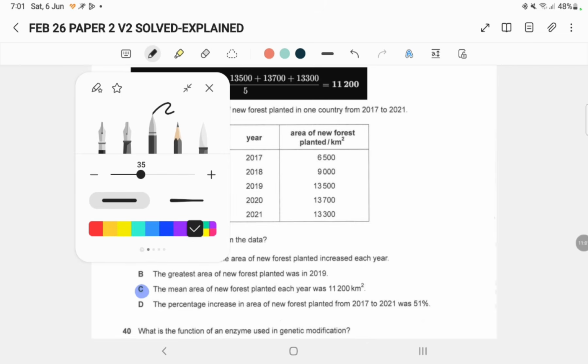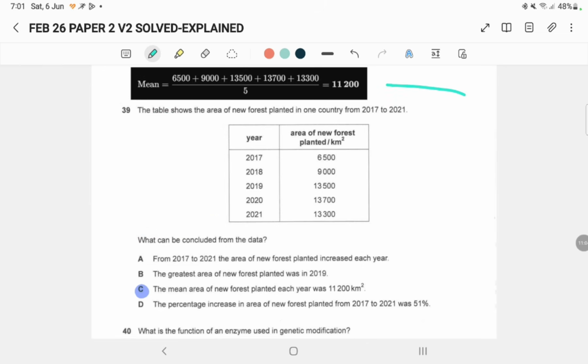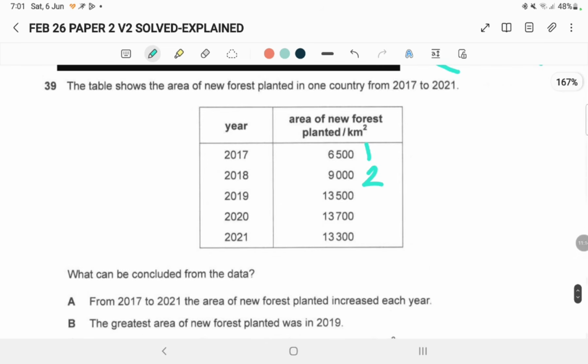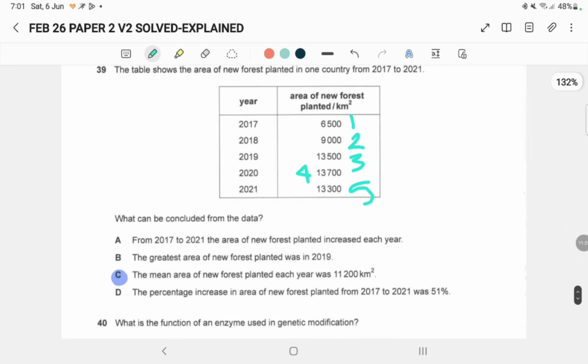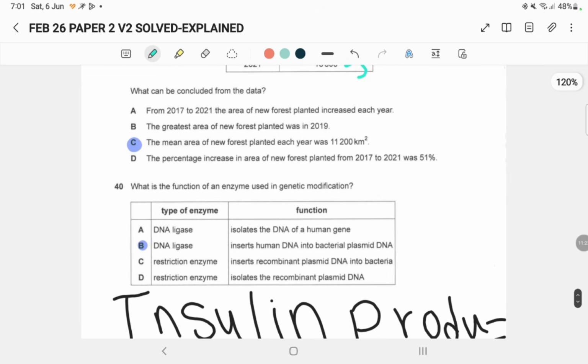So 6,500 plus 9,000 plus 13,500 plus all of the rest of the numbers, divided by their number, which is 5. As you can see, here is 1, 2, 3, 4, and 5. Divided, this will give you 11,200, which is letter C in question number 39.